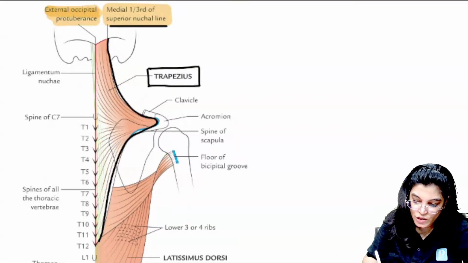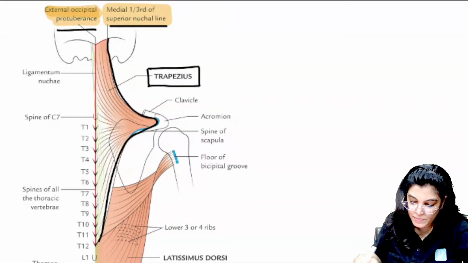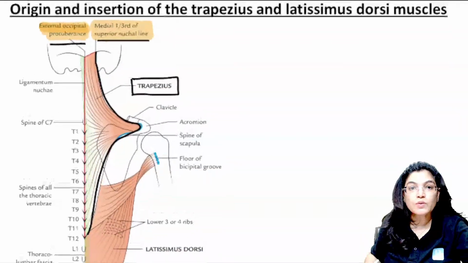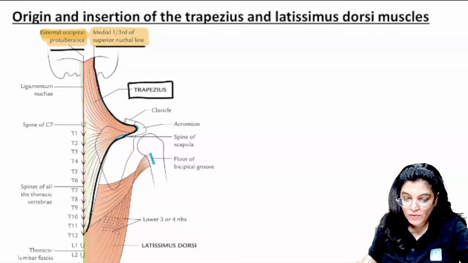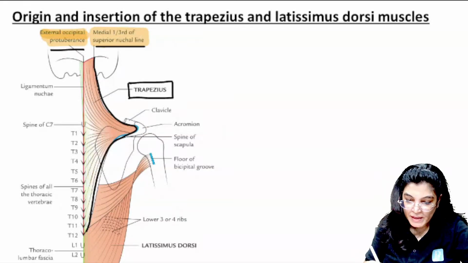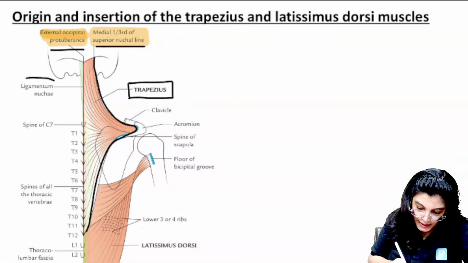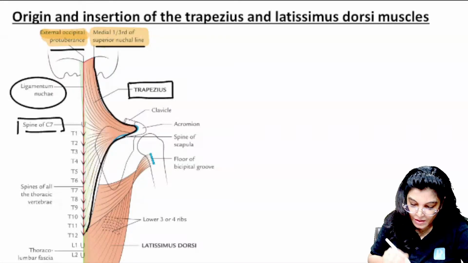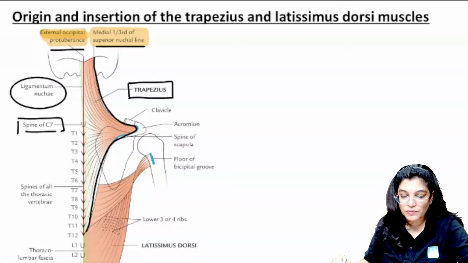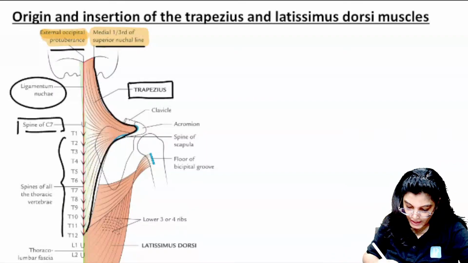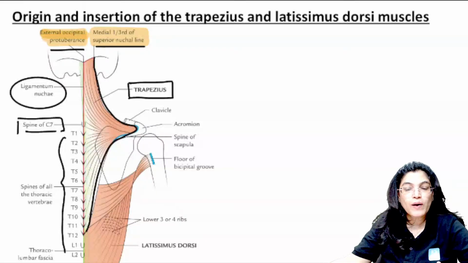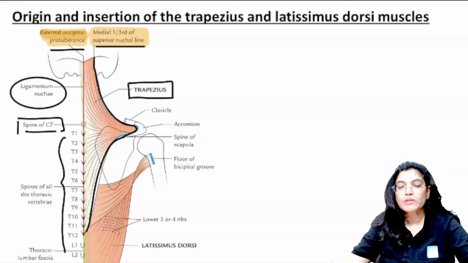So it is originating from the external occipital protuberance, the medial third of the superior nuchal line, also from the ligamentum nuchae, the spine of the seventh cervical vertebra, and the spines of all the thoracic vertebrae, that is T1, T2, up to T12.